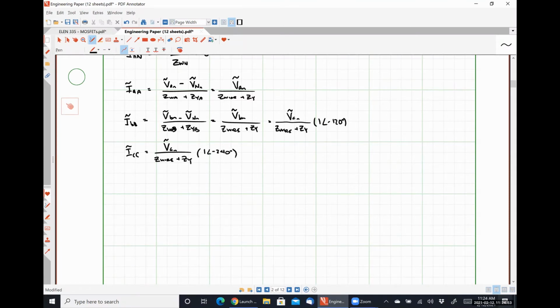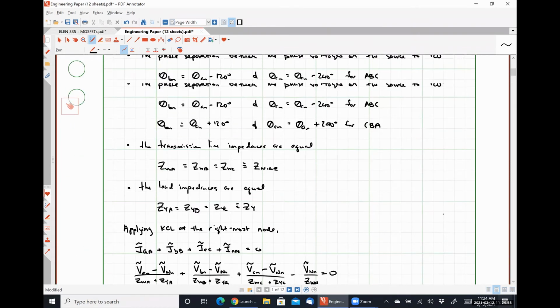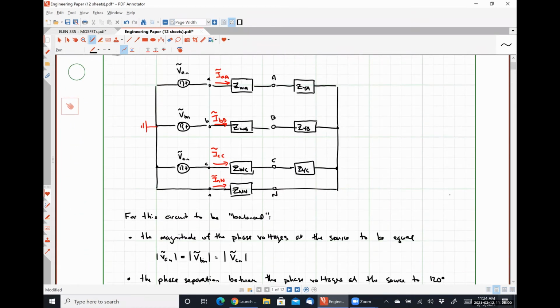What does this tell us about literally everything else in the system? Well, let's scroll back up here and look at this, recognizing that our line currents that I've indicated in red are 120 degrees out of phase with each other. What about the phase currents through the source? Are they going to be 120 degrees out of phase with each other? They have to be. They're in series with our transmission line currents.